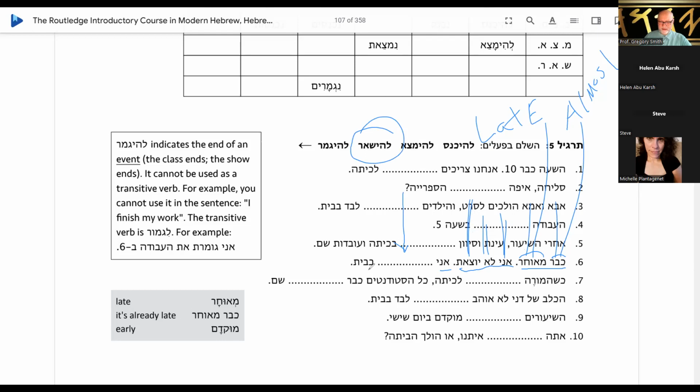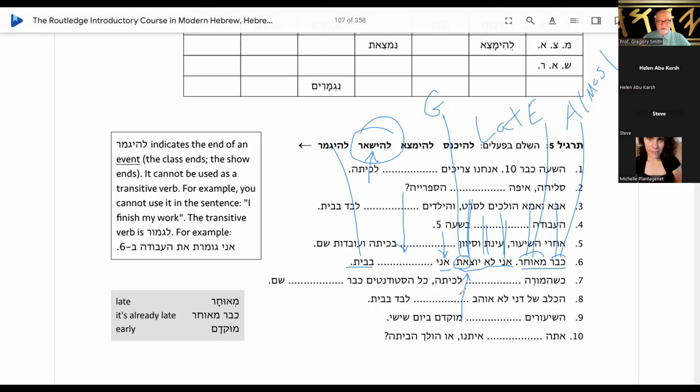And so he's staying babayit, in the house. So we got to find the one that matches ani, which means I. So it's going to be this one here. It's going to go under probably. And notice this form here. This is how we know that it's feminine. The I means that it's a girl, because it's using yotzet.